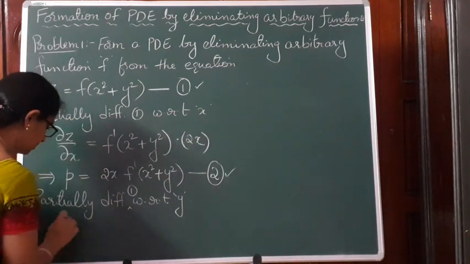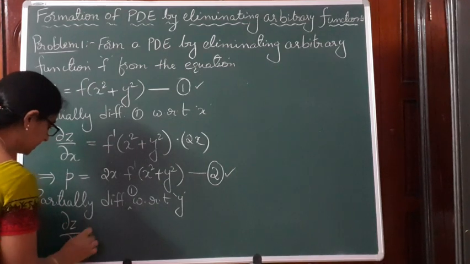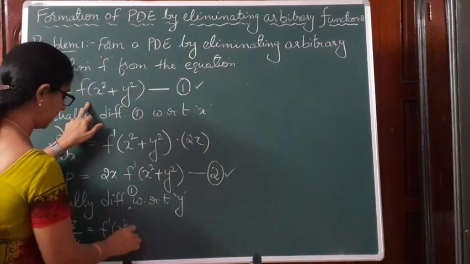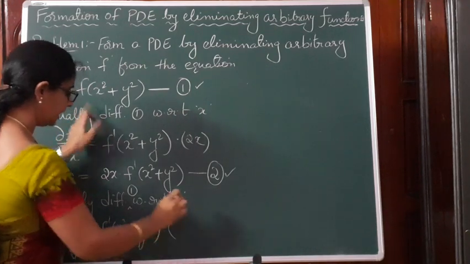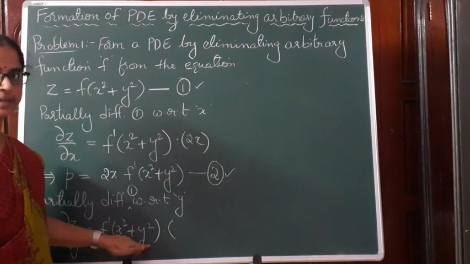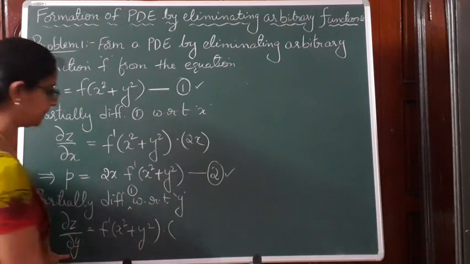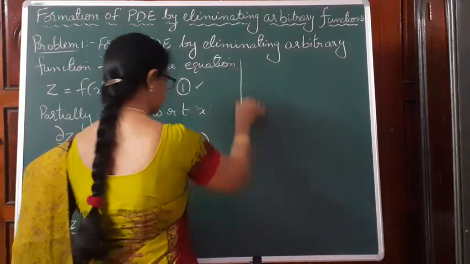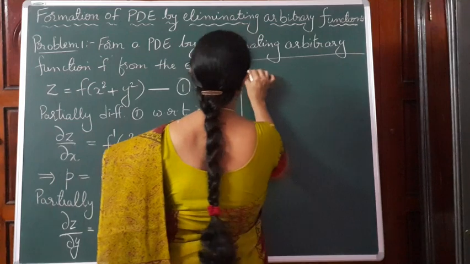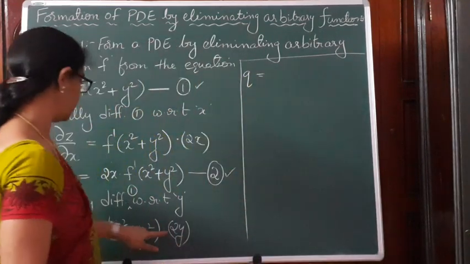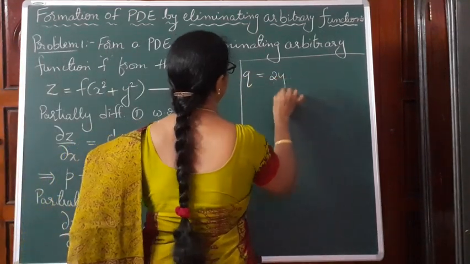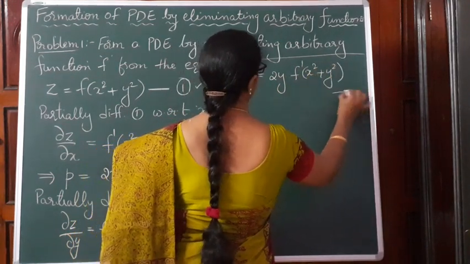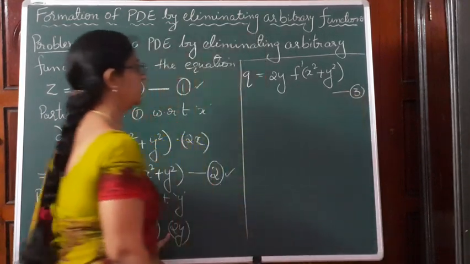The derivative of z is dou z by dou y, which is equal to f dash of x square plus y square into the internal derivative, that is, the derivative of x square plus y square with respect to y, which is 2y. That is, q is equal to dou z by dou y. So q is equal to 2y times f dash of x square plus y square. Let us call this equation number 3.